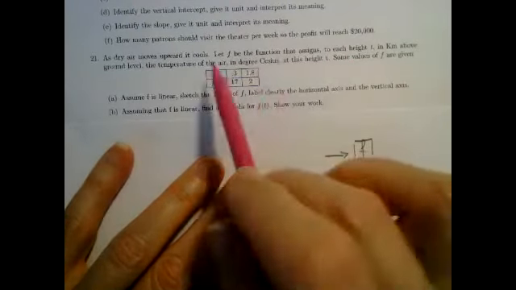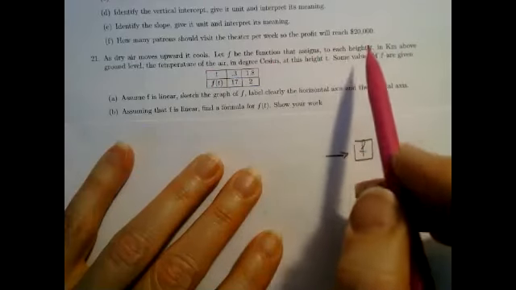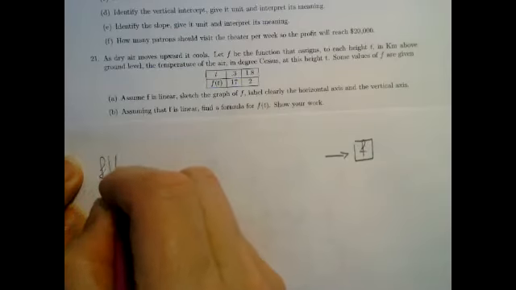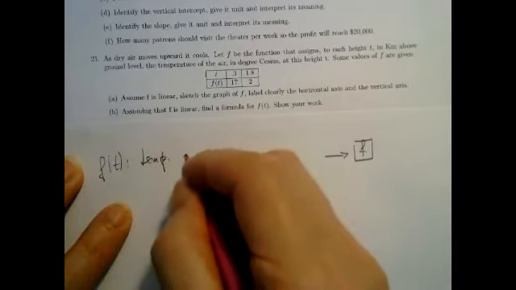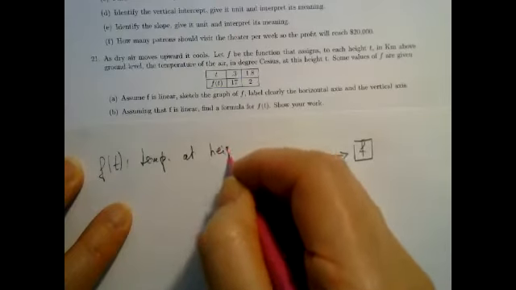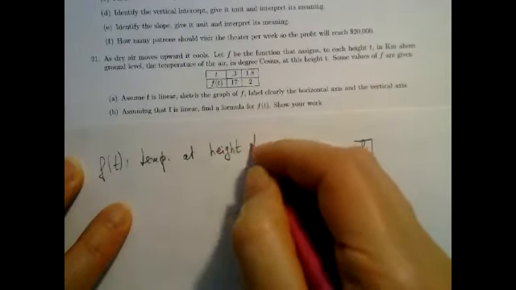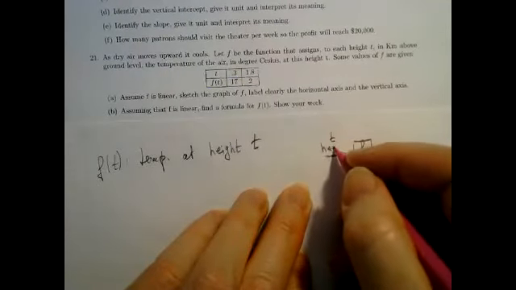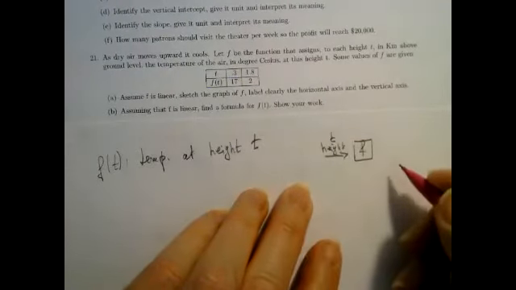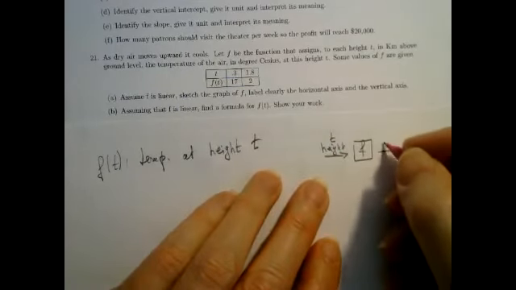F is the temperature at each height. F of t is the temperature. Let's be very precise: the temperature at height t. So what do we input? We input height, we output the temperature.